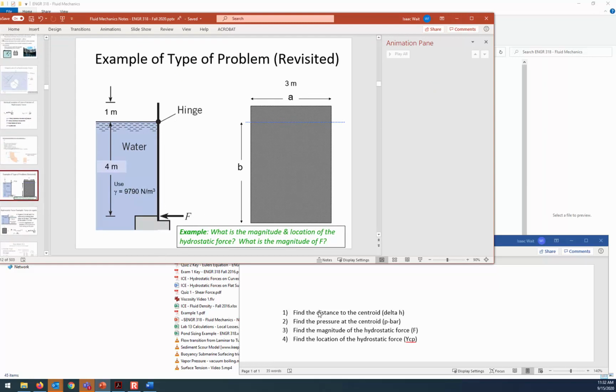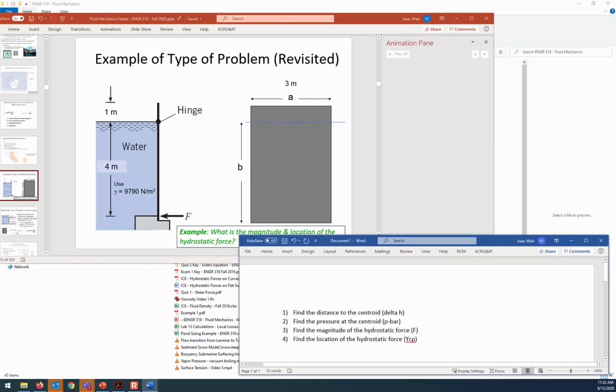And so step 5 is going to be find the magnitude of F, that is to say, to keep the gate closed. All right. So these are the steps that we're going to follow.